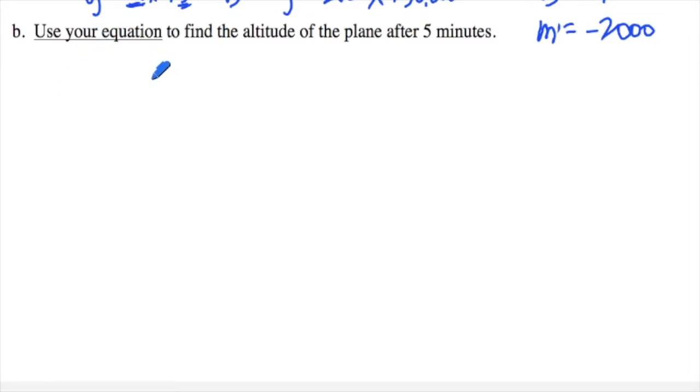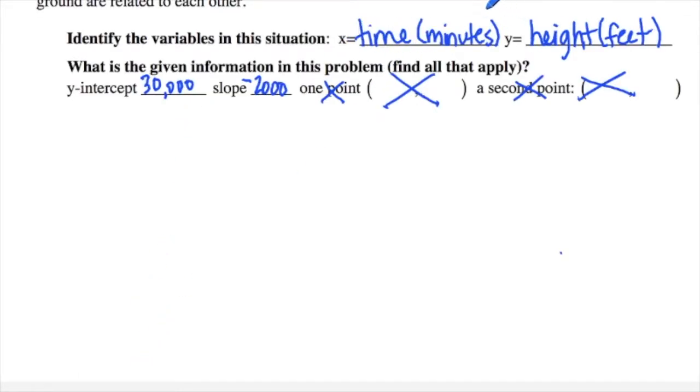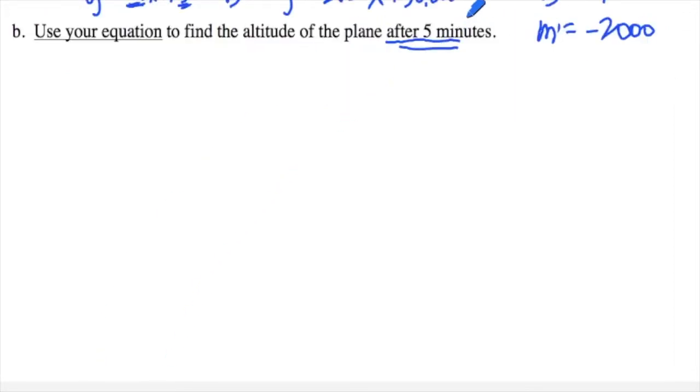Now we're going to use the equation to find the altitude of the plane after 5 minutes. So we decided that our y-axis is going to be height, and our time is going to be our x-axis. So I'm going to make sure that this time goes in for x, because that's equal to our time in minutes.